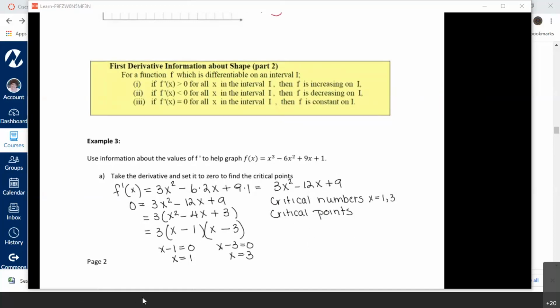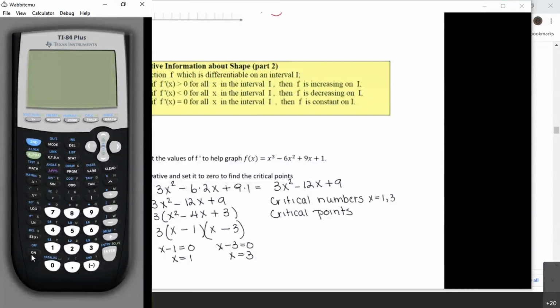I'm going to bring up my TI just to show you that. Let me share the TI with you. Everybody should see my calculator. You can put it in y equals and graph it, or you can just evaluate it like this. You have 1 cubed minus 6 times 1 squared.